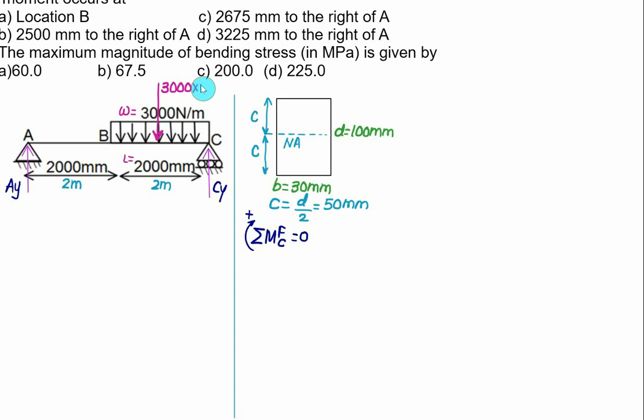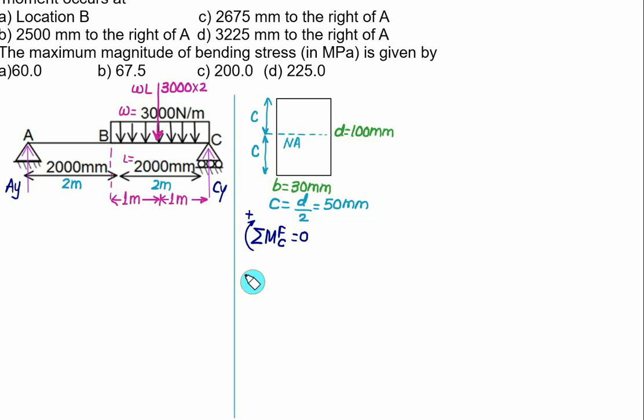This equivalent point load acts from B at a distance of 1 meter, as well as 1 meter from point C. Use the equivalent load only for finding the reaction. Don't use the equivalent load for drawing the shear force diagram.